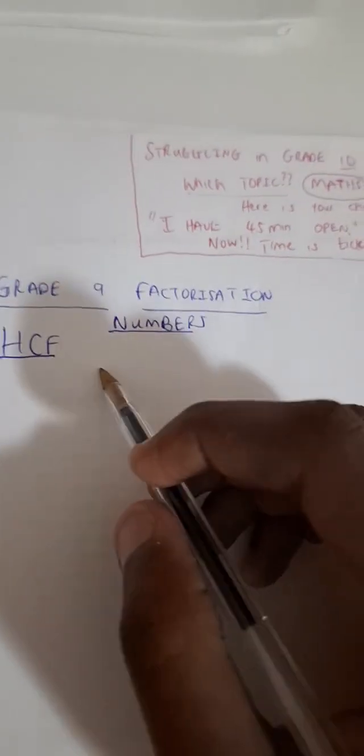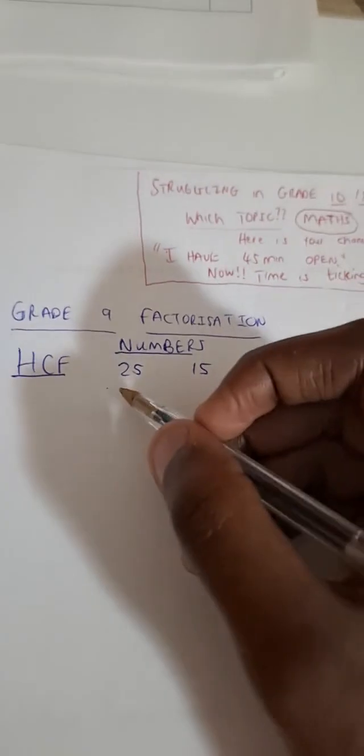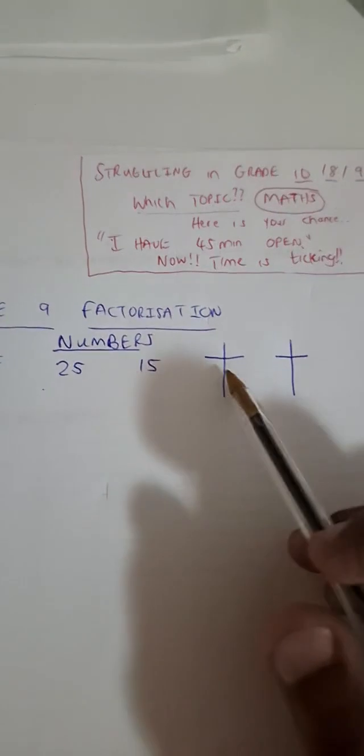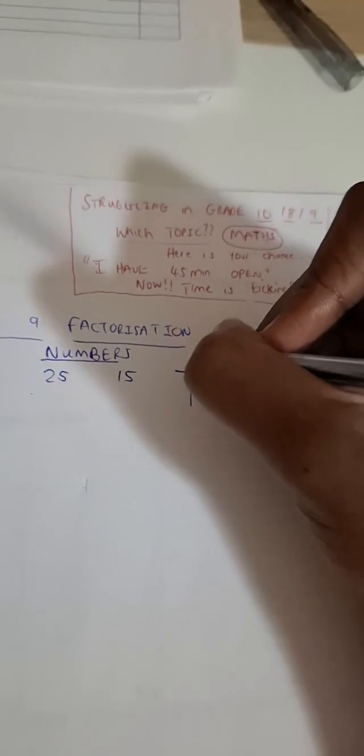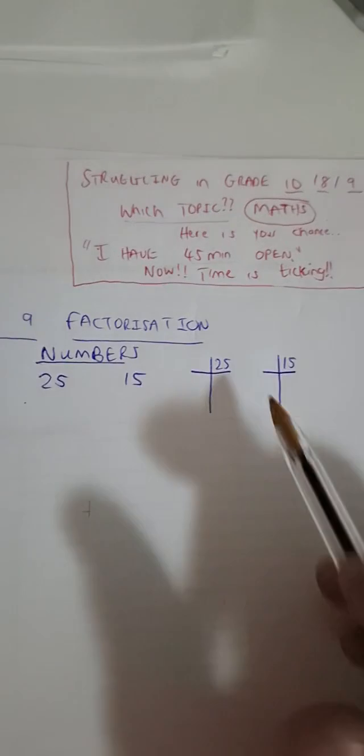Now, whenever you were asked to find the highest common factor between two numbers, let's say between 25 and 15, what you have learned to do in grade 8 is to use the famous ladder method. You would write down 25 and find the product of prime factors.